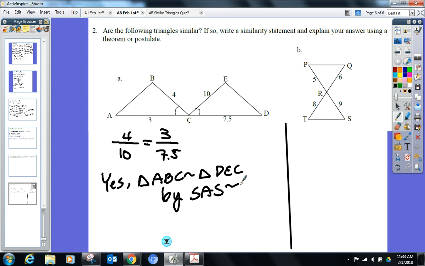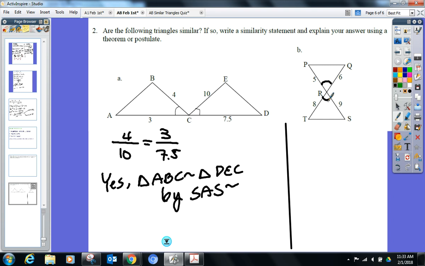All right, let's go to B. If anything, it's going to be what? Again, side angles. Where are the angles? Oh, okay. All right, let's test the sides.